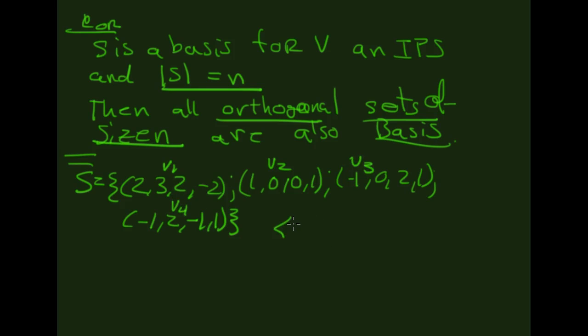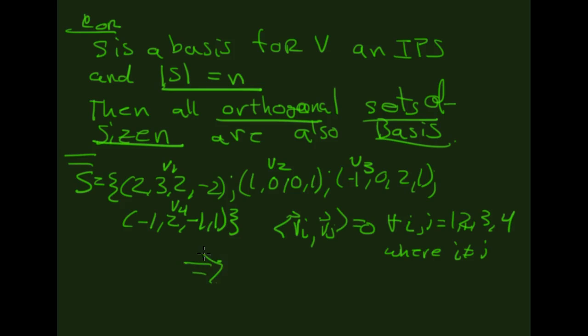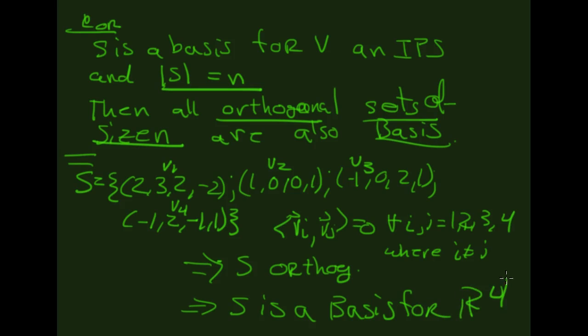And in fact, you can check that the inner product of vi and vj is equal to 0 for all i and j equaling 1, 2, 3, 4, where i does not equal j. So this means that S is orthogonal, and with that, since it is the correct size for R4, S is a basis for R4.